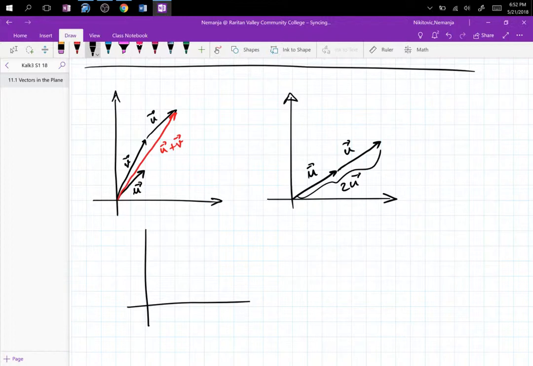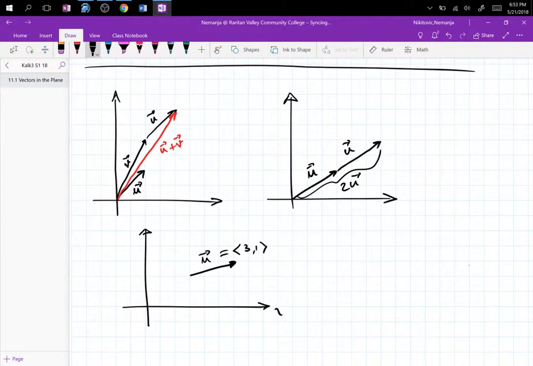So if I have a coordinate system and I have a vector over here, this vector u is given as 3, 1 no matter where it sits. So I don't need to add or subtract any numbers from it to shift it around, because I just pick it up and move it here and it's the same vector, right?